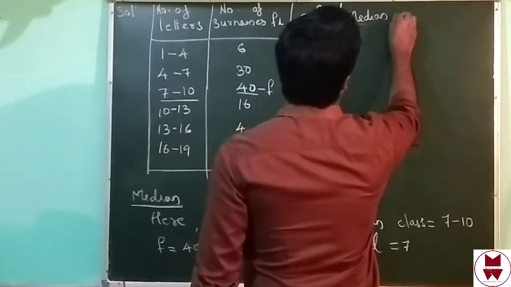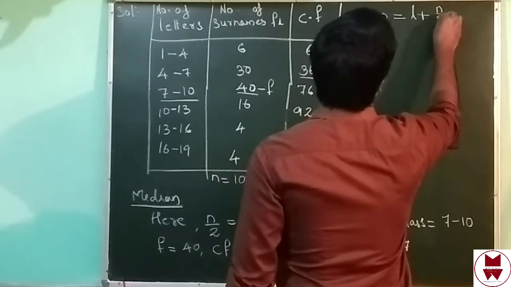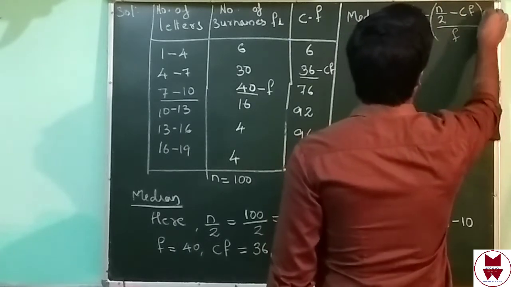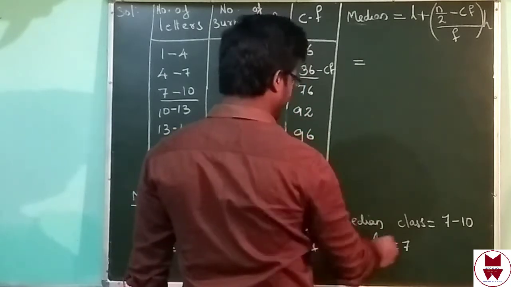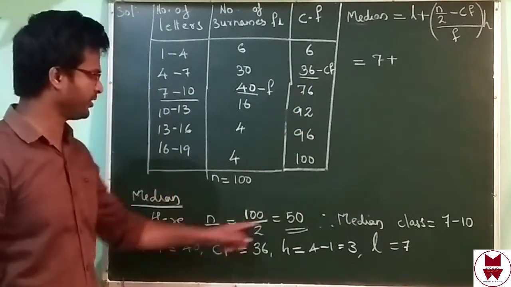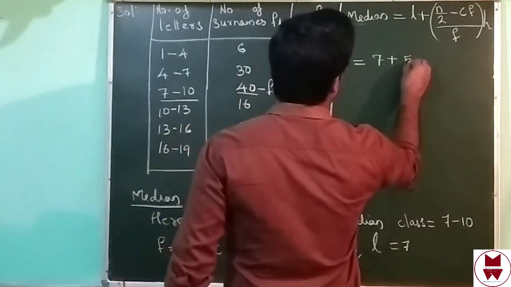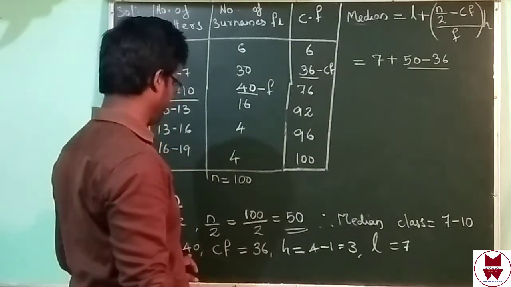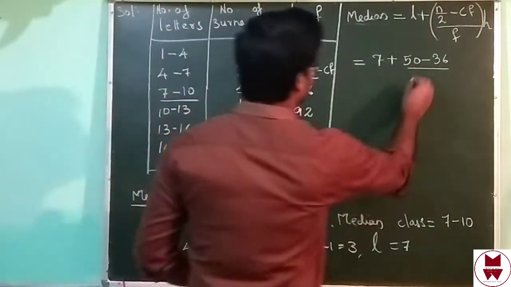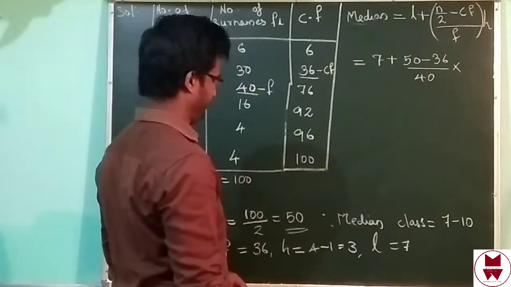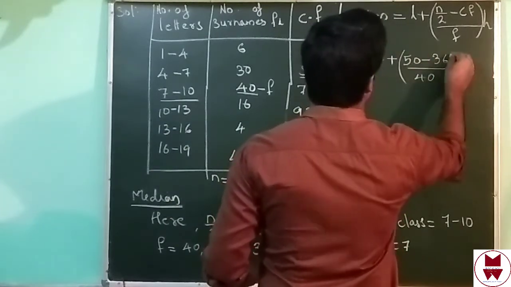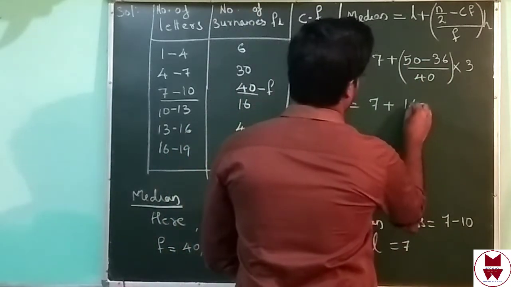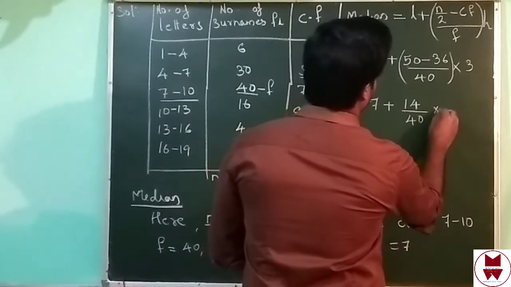Median equal to, that formula is l plus n by 2 minus CF divided by f, into h. l in here 7 plus n by 2, n by 2 already we got it, that is 50, minus CF is 36, then f is 40, here we already written in here, into h. h is 3. 7 plus 50 minus 36, you will get 14, divided by 40, into 3.